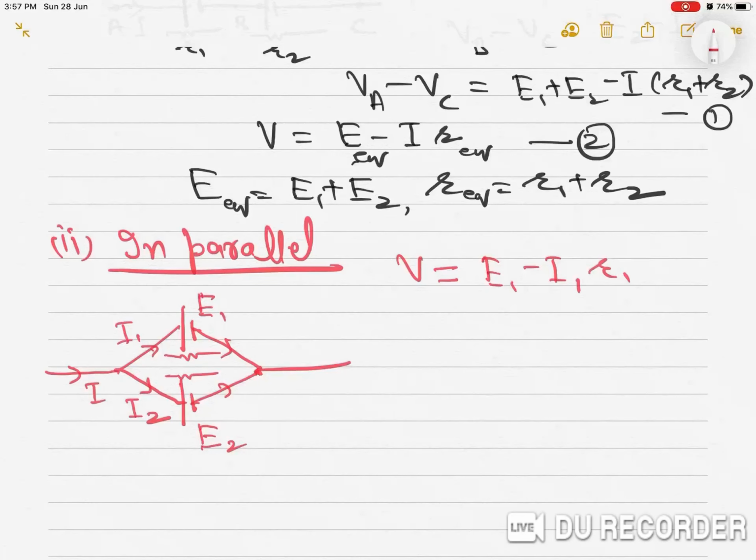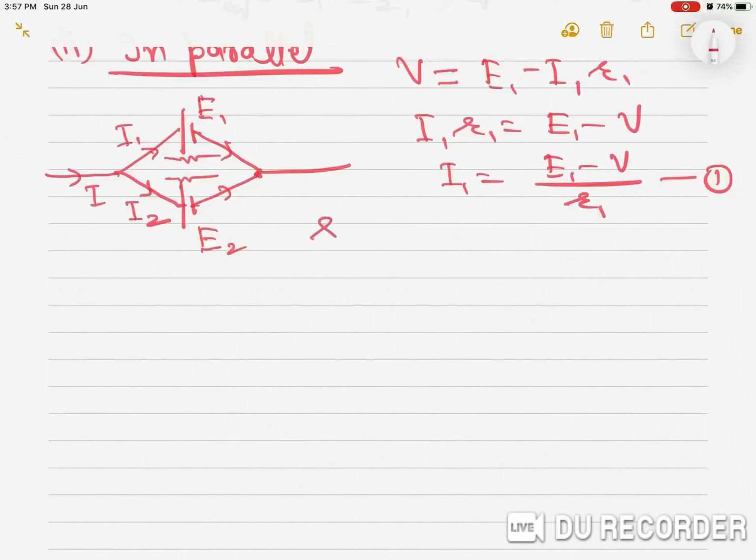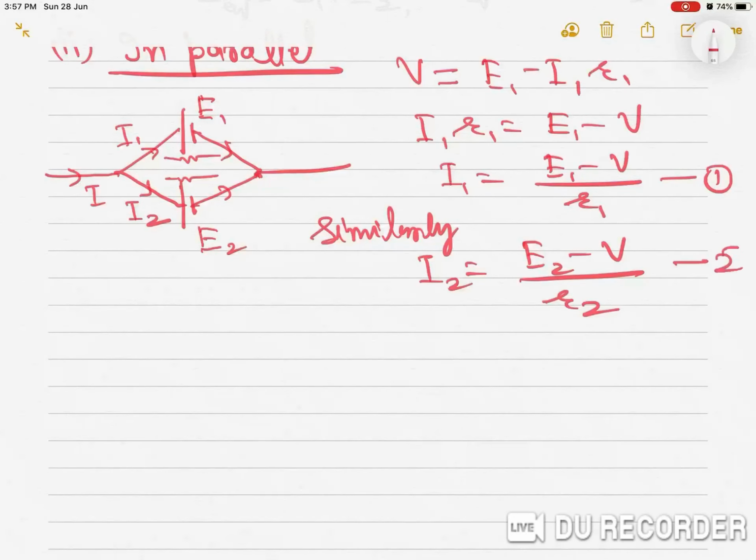So, by this equation we can find I1 r1 is equal to E1 minus V. So, I1 is equal to E1 minus V upon r1. Similarly, I2 is equal to E2 minus V upon r2. So, total current I is equal to I1 plus I2.